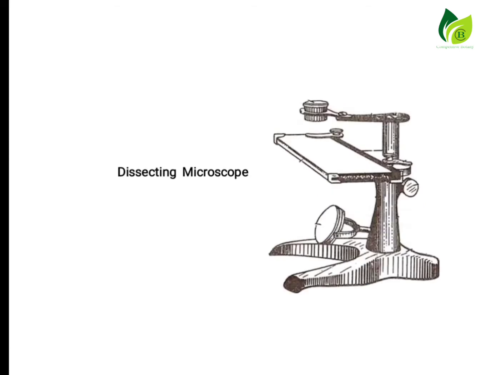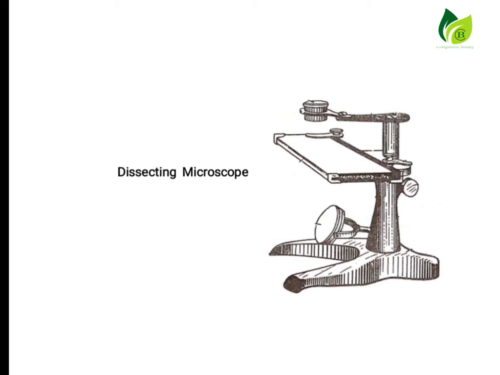First is the simple microscope, nothing but the dissecting microscope. It is made up of a single convex lens or a combination of lenses. You can see the picture here. A simple lens can magnify an object only 3 times. For getting a magnification of more than 3 times, a combination of several lenses may be used.